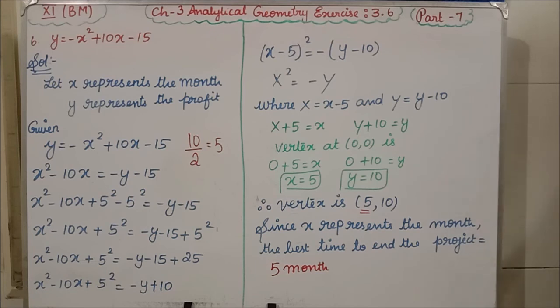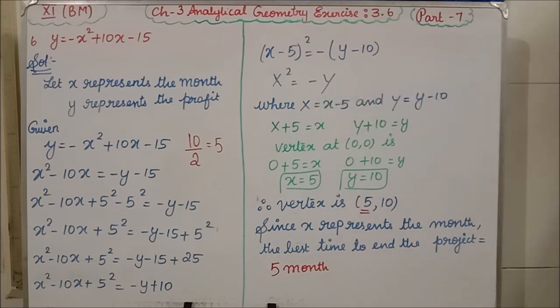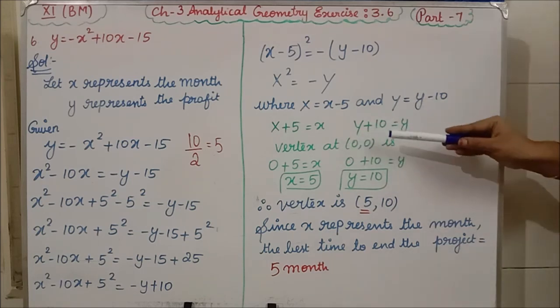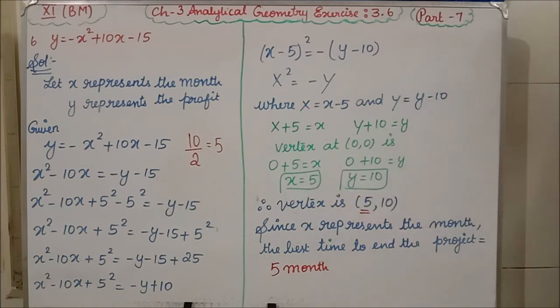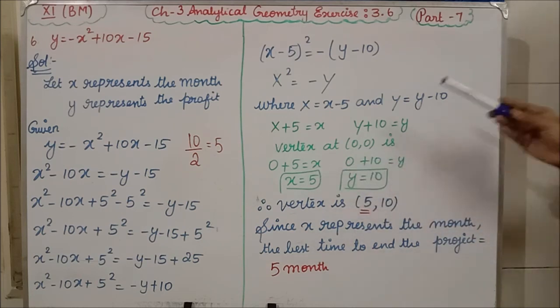For that we have capital X and capital Y, but we need small x and small y. So take the minus to that side: capital X plus 5 equal to x, capital Y plus 10 equal to y. So at the origin I get x equal to 5 and y equal to 10. Therefore the vertex is (5, 10).